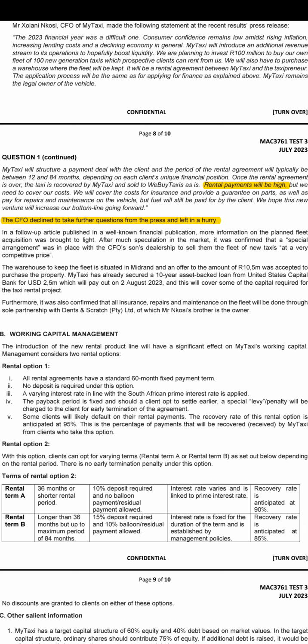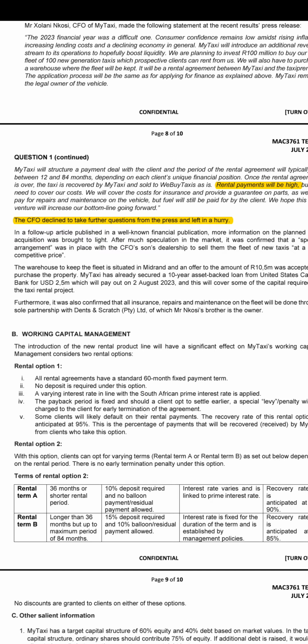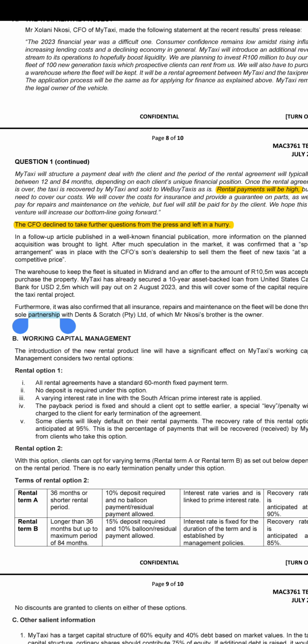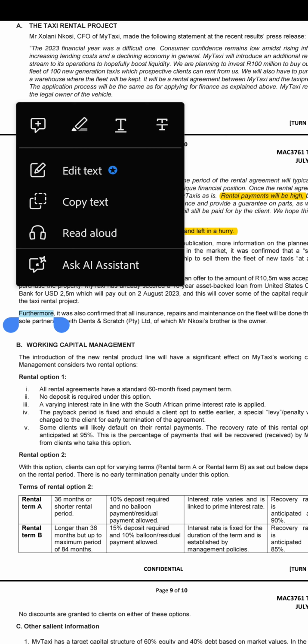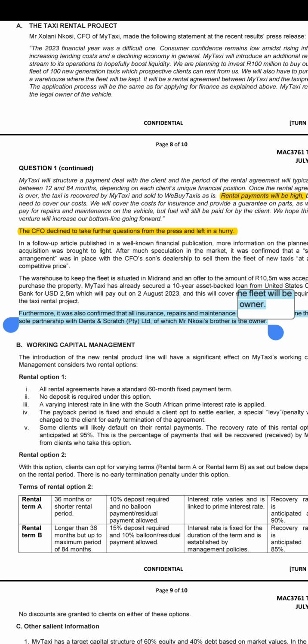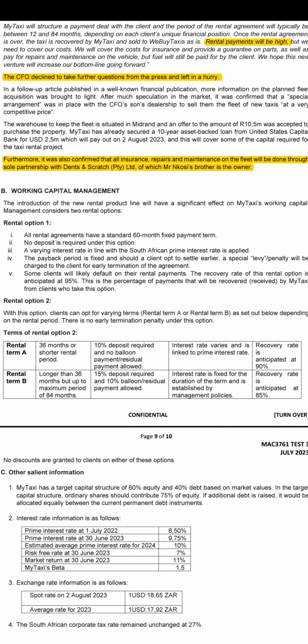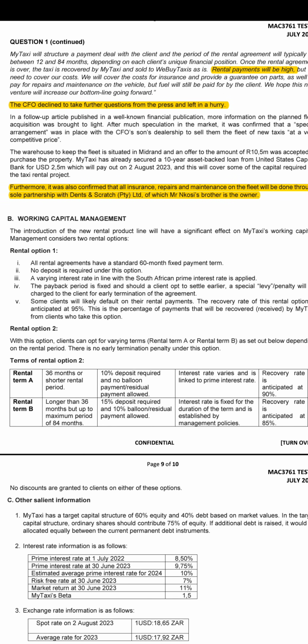And furthermore, it was also confirmed that all insurance, repairs, and maintenance on the fleets will be done through a sole partnership with Dents and Scratch Pty Limited, of which Mr. Nkosi's brother is the owner. So clearly a lot of, well, I wouldn't want to say shady stuff going on, but stuff which may not be completely above board.